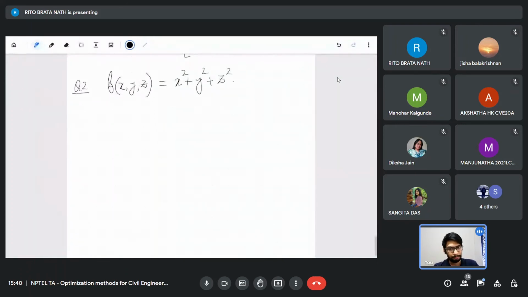Now, can anyone tell me what will be the size of this gradient? It will be a vector. What will be the size of this vector? Can anyone tell me? Unmute and answer. How many elements will be here?